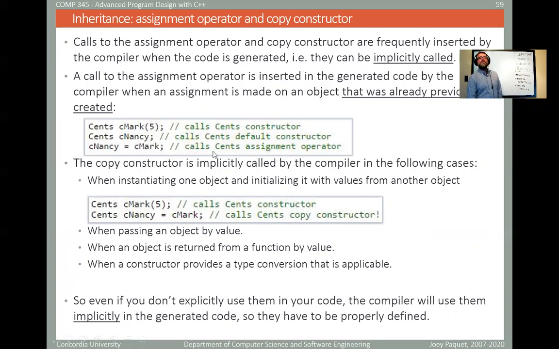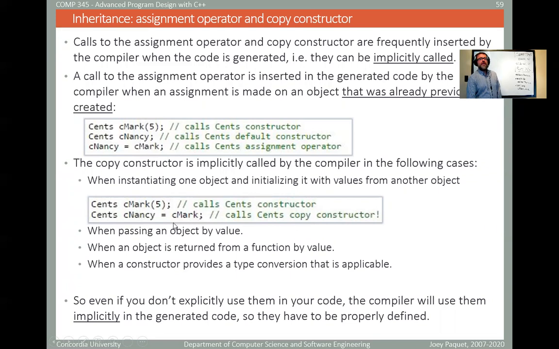So here are some examples. Here, it's pretty clear that you're calling the one parameter constructor of this class. Here you're using the default parameterless constructor, and here you're using the assignment operator. So everything is fine, everything is according to what you may think. However, if you do it like this, it's compressing these two steps into one, and the only thing that's going to be called is the copy constructor.